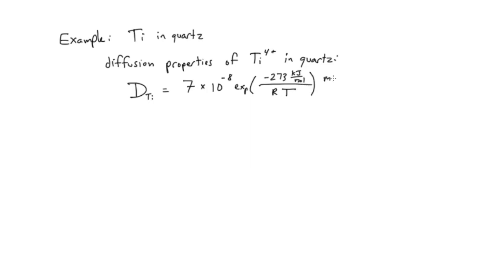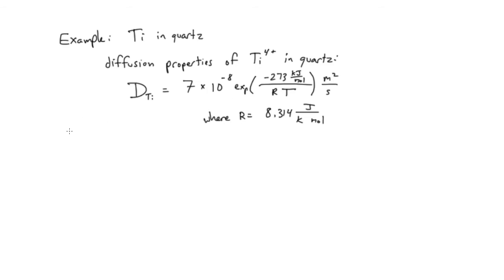And the units, again, are meters squared per second, just like in heat diffusion. And R is 8.314 joules per Kelvin per mole. So this equation tells us how easily titanium moves around in quartz as a function of temperature.